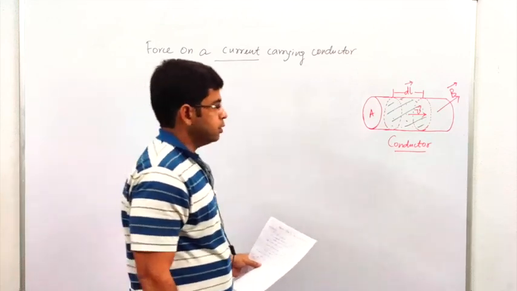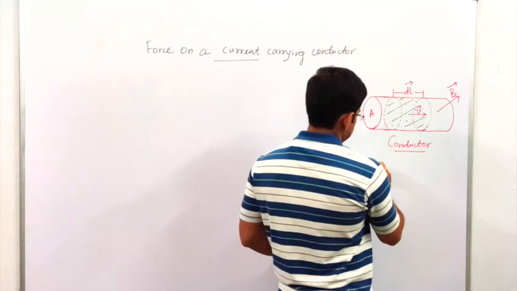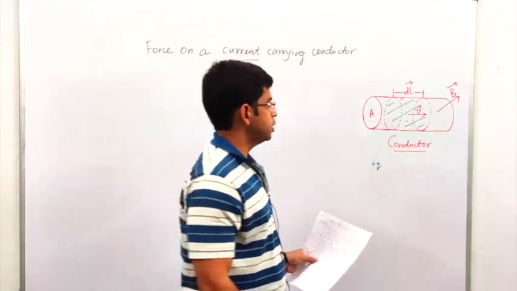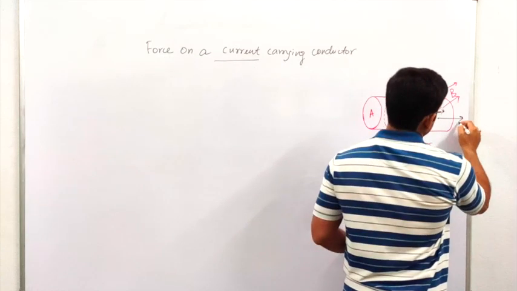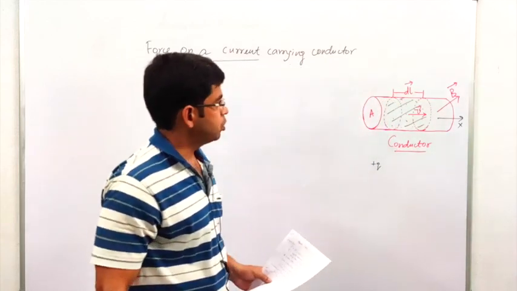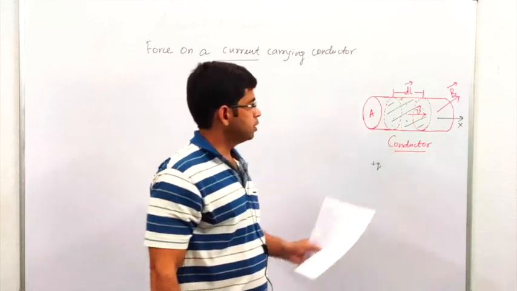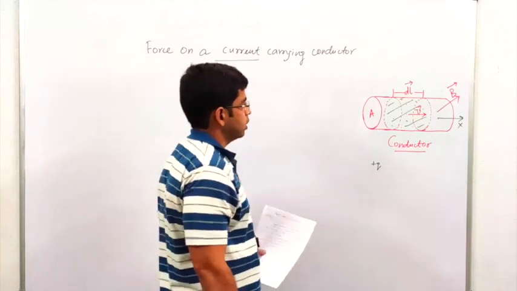Within this conductor, say the charged particles, say plus q, are moving with velocity v along the positive x direction. There is also a magnetic field B along a certain arbitrary direction. A is the cross section of the cylinder.